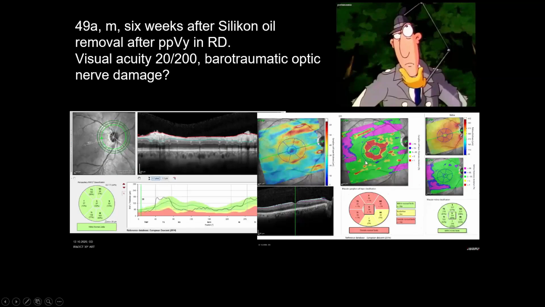But when we looked in the ganglion cell layer, we see a circular thinning of the ganglion cells. And this is unfortunately happening when you use a silicone oil tamponade, and even after removal of the silicone oil, this patient does not gain vision, which is very unhappy.